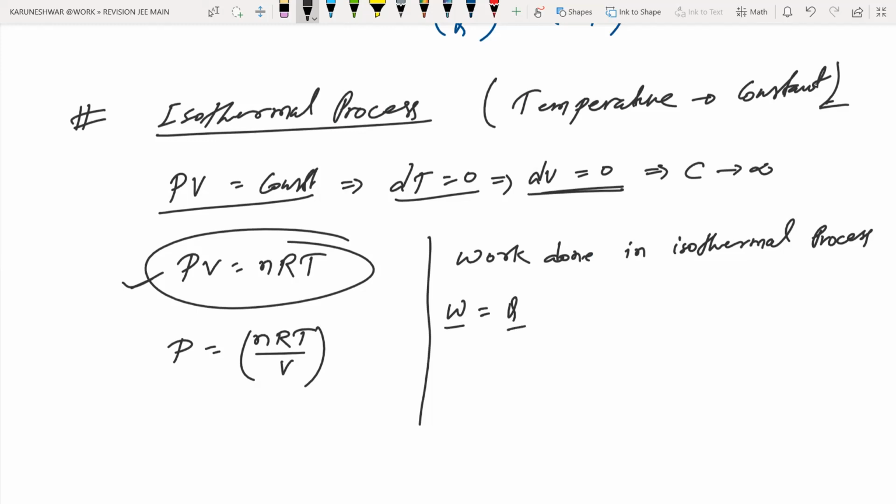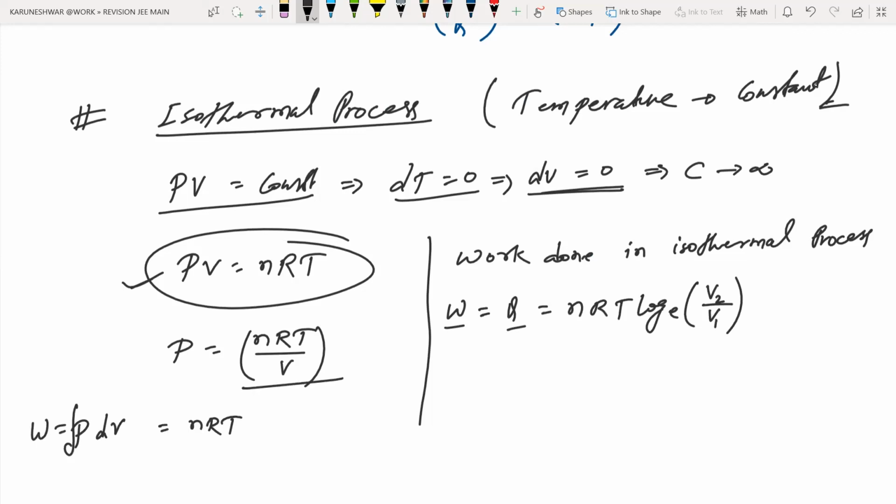So work and heat you can write as the same, and it is nRT ln V2 by V1. How have I written this? Because we know that work done is the integration of P dV. P we can write as nRT divided by V, so it is nRT dV by V.